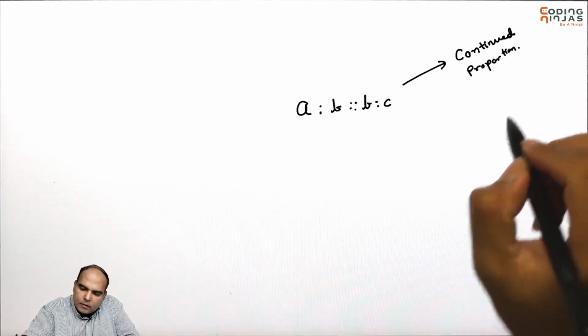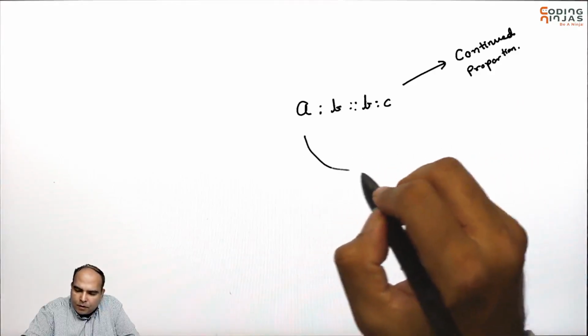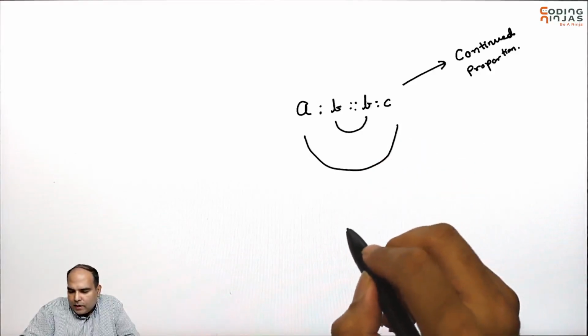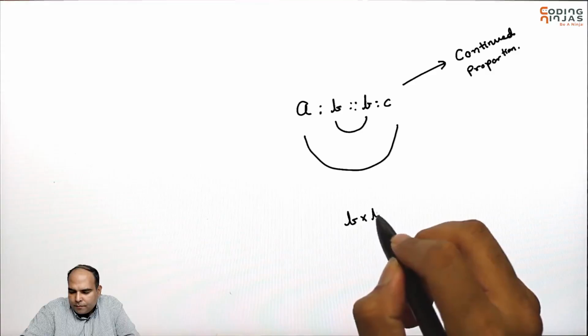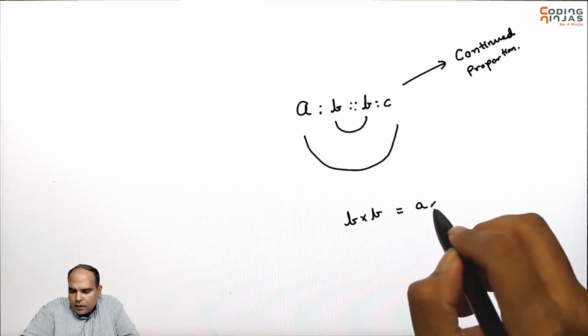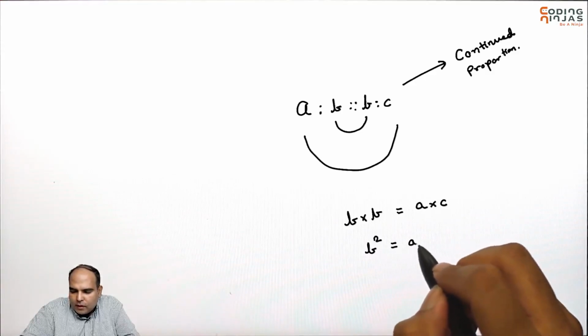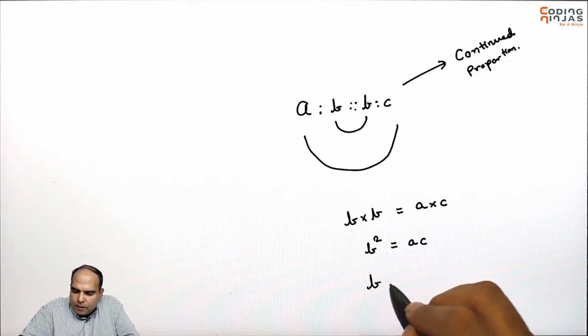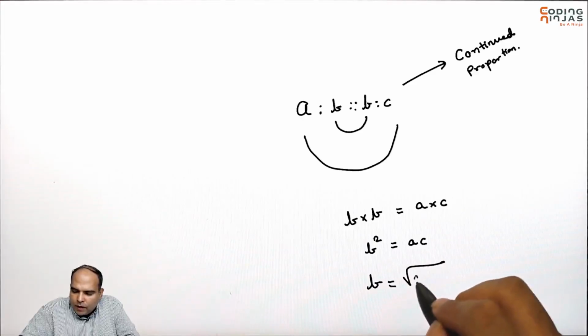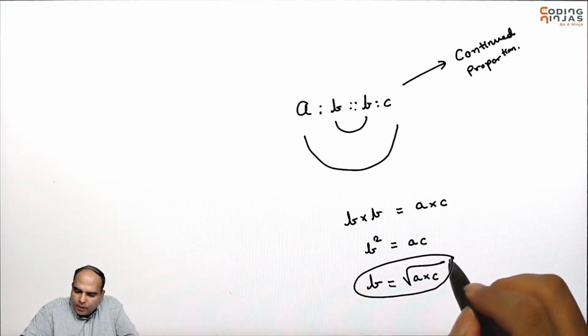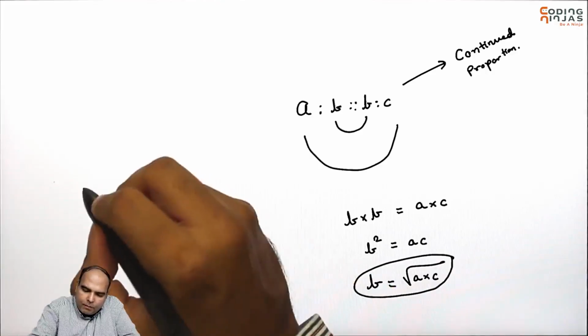In this case, again, if you apply the product of the extremes is equal to product of the means, what you get is B into B is equal to A into C, where you get B square is equal to AC, which also means that B is equal to the square root of A into C. And in this situation, we call B the geometric mean.